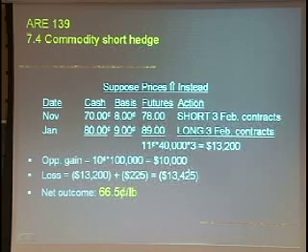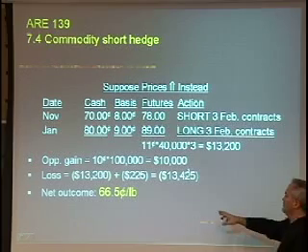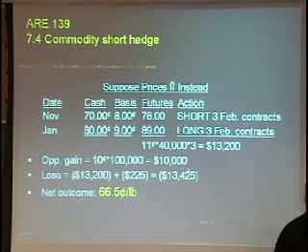So what's going on? Well, because the price rose and you were short and you sold 3 contracts, you're losing more on the futures than you're gaining on the spot. So here on the spot side, prices rose 10 cents.